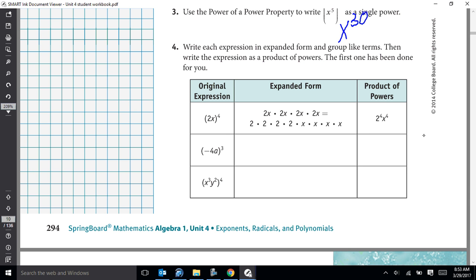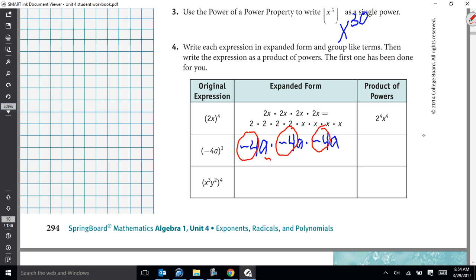All right, so let's look at negative 4a to the 3rd power. So our base is negative 4a because that's what's happening 3 times. So negative 4a, we're going to write it how many times? All right, can I group my like terms? How many times do I have that? Negative 4 times negative 4 times negative 4.